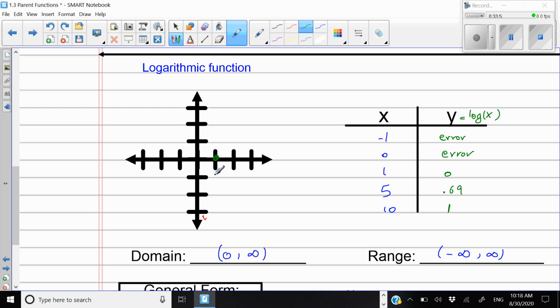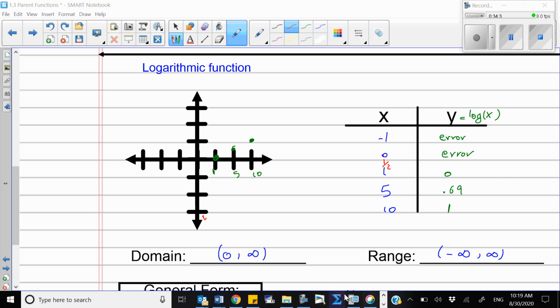Let's say this is 1, this is 5, and this is 10. I just made up the numbers here to make my graph. For 5 it's 0.69, and for 10 it's 1. I want to try one more number to understand what is happening at this point. Let's try 1/2, between 0 and 1.